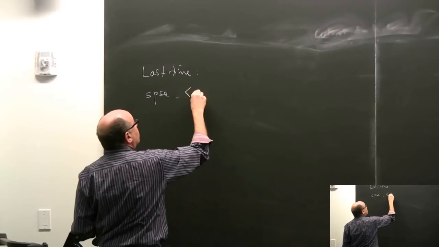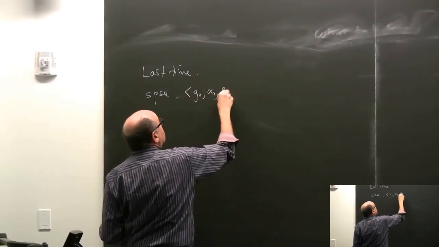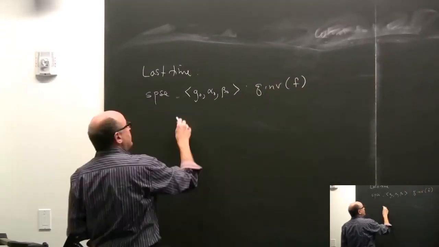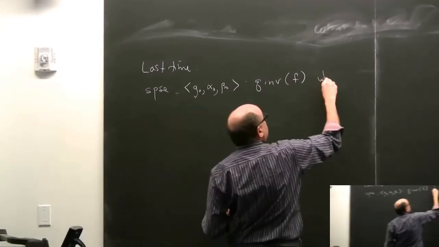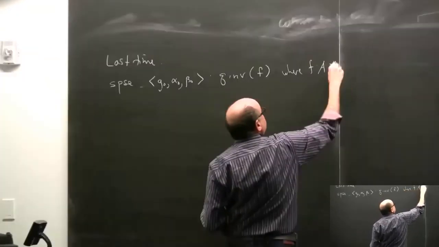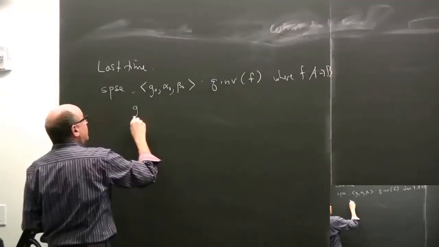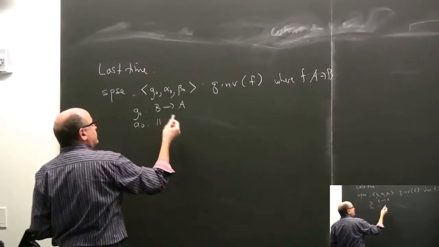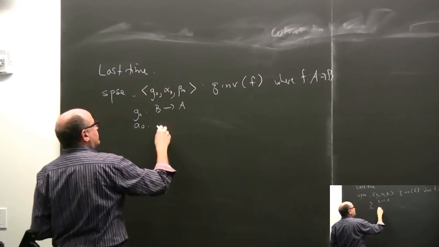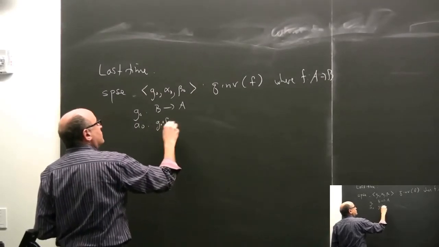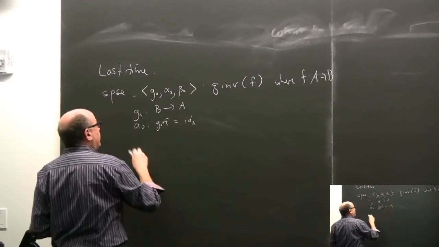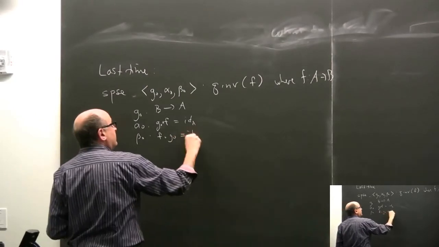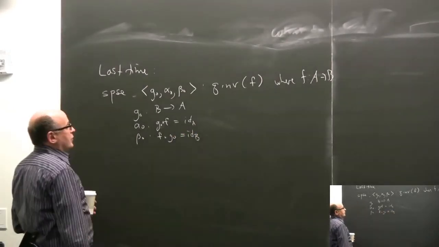A quasi-inverse for f, I'll call it g naught, alpha naught, and beta naught, is a proof that f has a quasi-inverse, where f is some mapping from A to B. That means we have a mapping in the opposite direction, and the easiest way to write this is to say that g naught composed with f is the identity on A, and beta naught says that f composed with g naught is the identity on B. Okay, so that's the data that we have in a quasi-inverse.